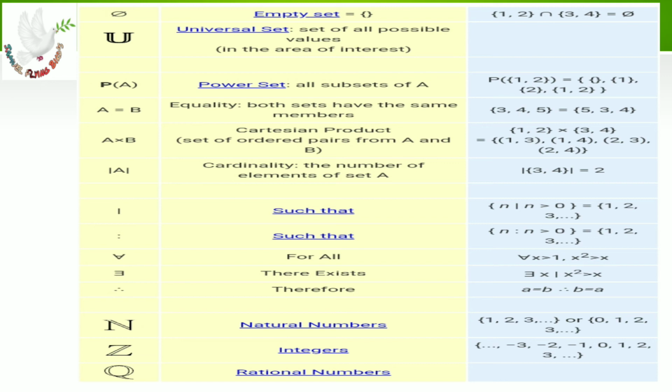For example, {minus infinity, and so on, minus 3, minus 2, minus 1, 0, 1, 2, 3, and so on, plus infinity}. It is the form of integers in a set. Q is called the rational numbers.